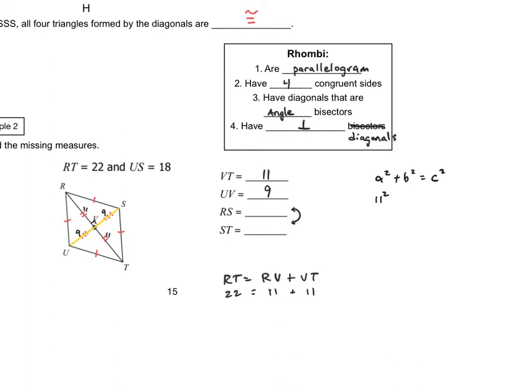A can be 11, b can be 9, and that's going to be equal to that hypotenuse. 121 plus 81 is equal to c squared, so we have 202 is equal to c squared. We find the square root of both sides, so c is going to be the square root of 202, or approximately 14.2. They are both the same length, so 14.2.